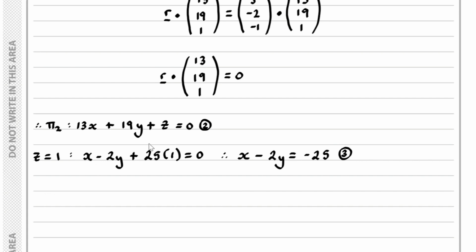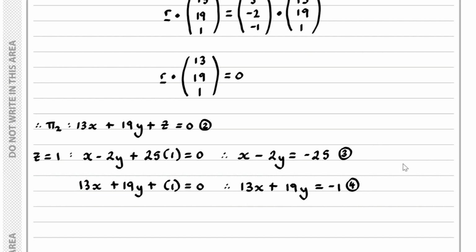And with pi 2, we've got 13x plus 19y plus 1z equals 0. So therefore we've got 13x plus 19y equals minus 1. We'll call this equation 4.